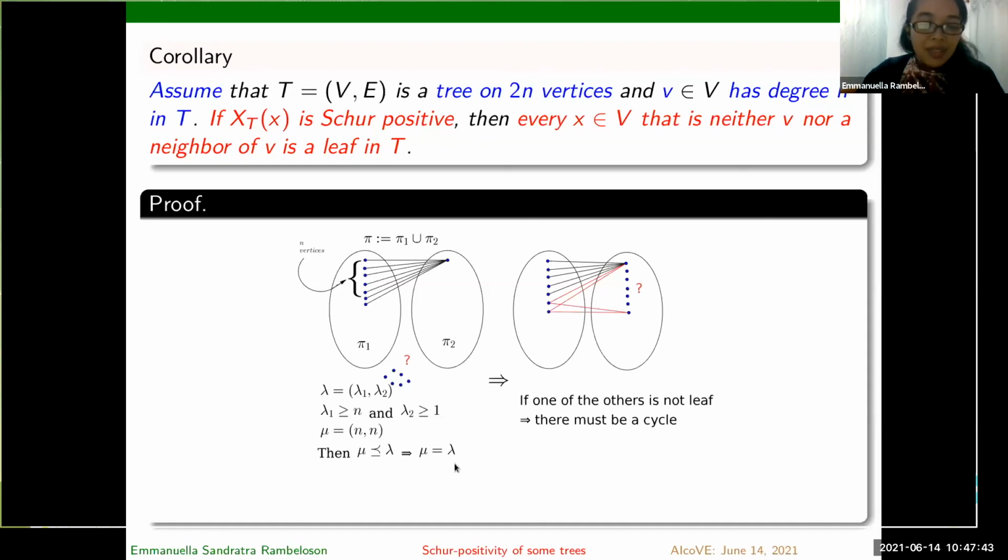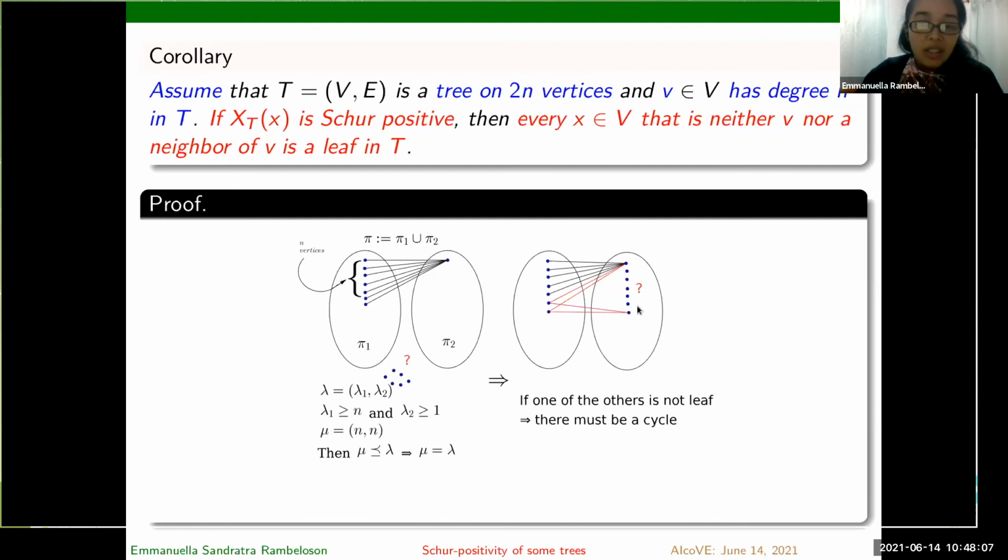Then lambda and mu must be equal, since T has exactly one bipartition. Now we should set all of these left vertices in pi 2, since we have enough vertices in pi 1. And the degrees of these vertices must be at least 1.